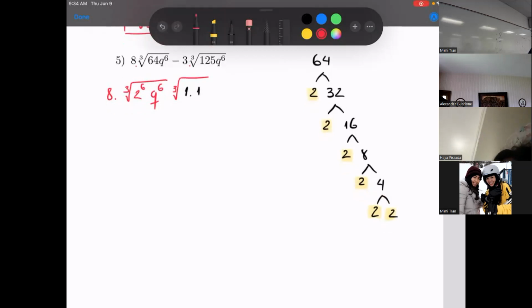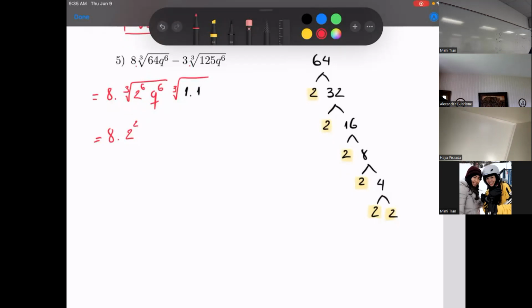Okay, so 8 times, what is cube root of 2 to the 6? Remember the boot method. Kick the little exponents over. Divide by 3. 6 divided by 3 is 2. So 2 to the 2, right? So 2 to the 2, and get rid of the radical.